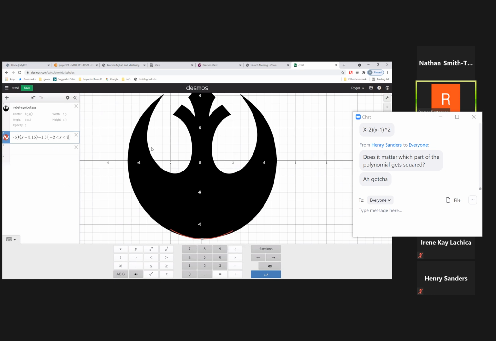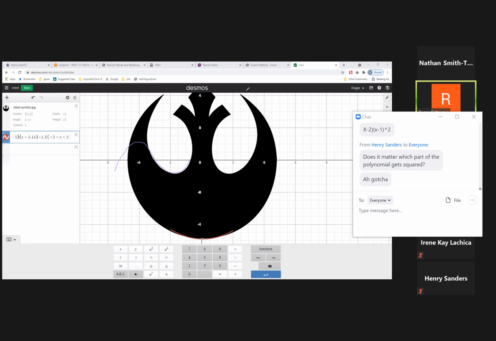Now maybe I want to try to get this part up here. So again, I'm going to try drawing something that looks like this, and maybe it's going to be like a cubic so that it hits that nice curve inside there. So I'm thinking maybe negative 5.5 and negative 3 and something about negative 1.